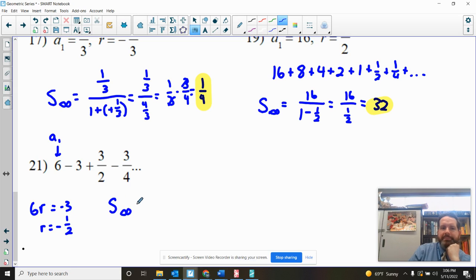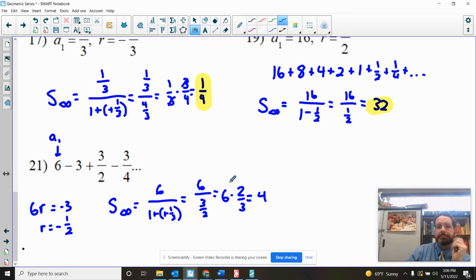So the infinite sum is the first term divided by 1 minus negative a half. 1 minus negative a half is the same as 1 plus a half, which is 3 halves. 6 divided by 3 halves is the same as 6 times 2/3, and 2/3 of 6 should be 4.